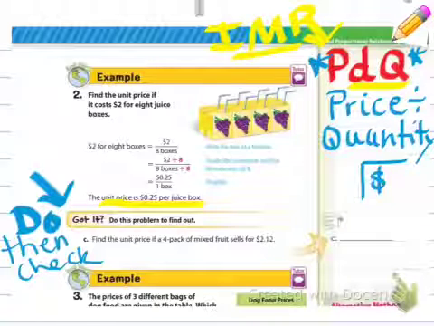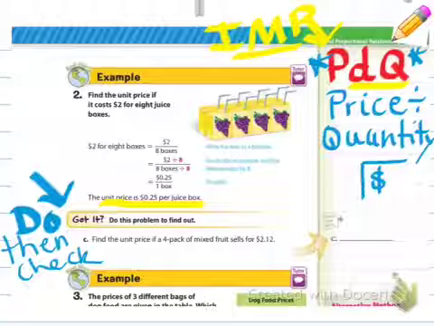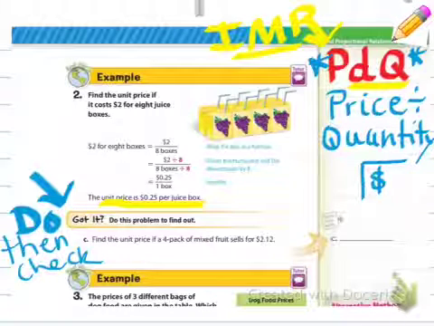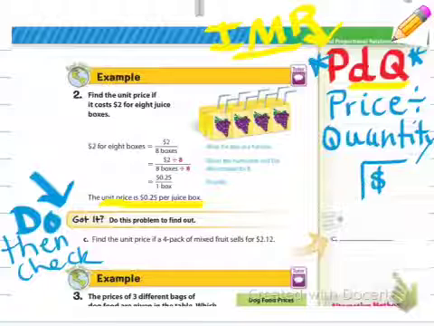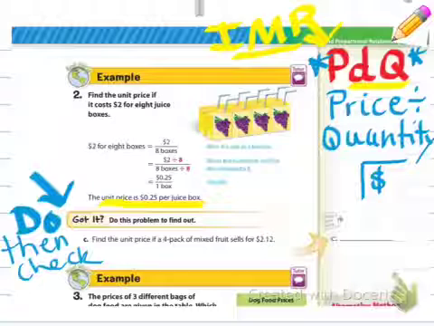Okay. For PDQ, price divided by quantity, one way to remember that this is set up properly with the correct divisor and the correct dividend is the price always goes underneath your little division house. Okay. It's not going to be the number you are dividing by.